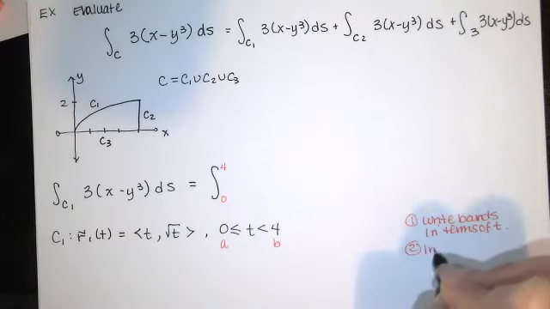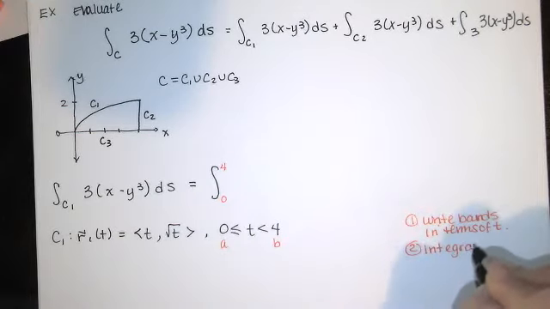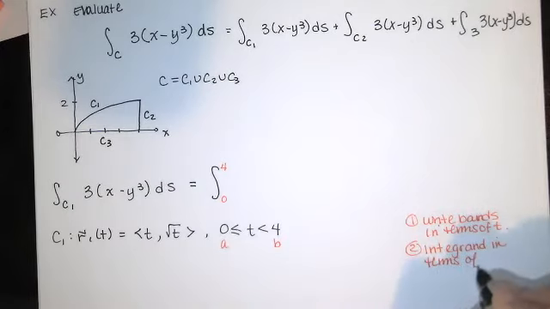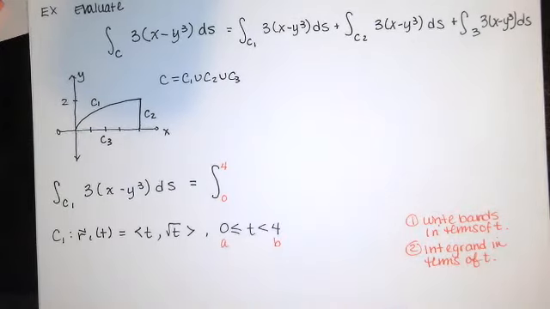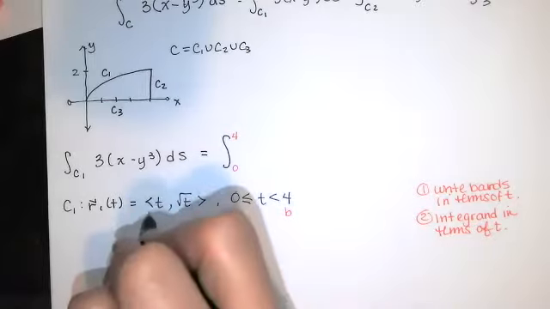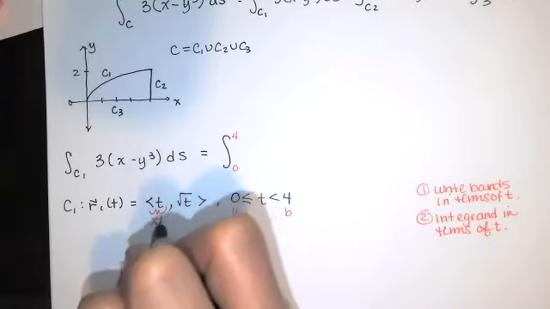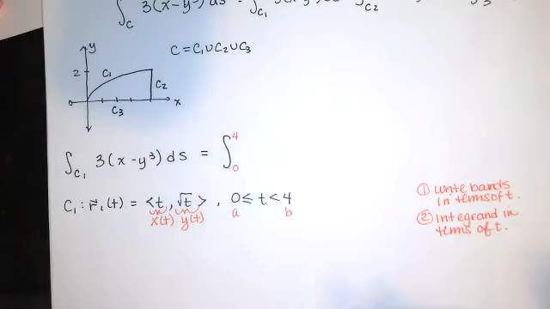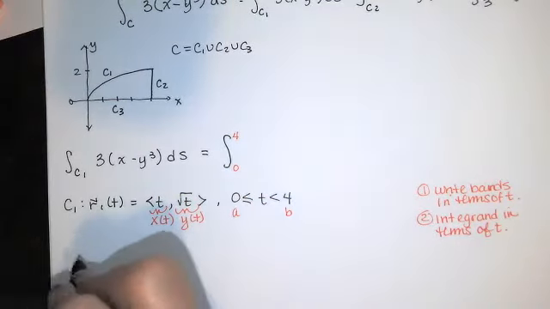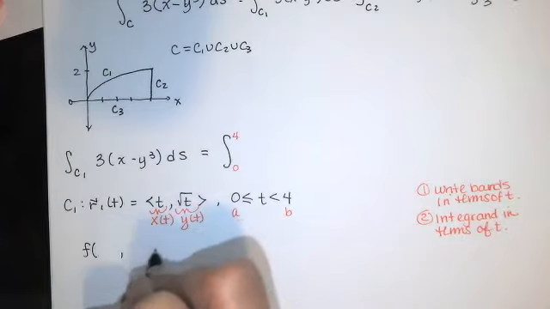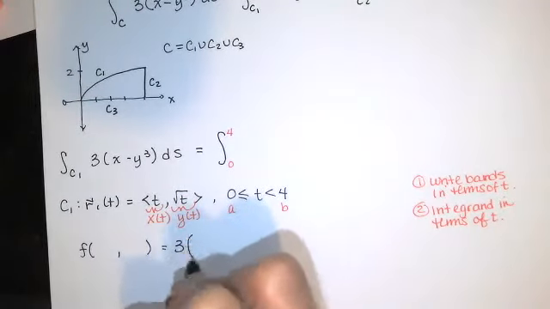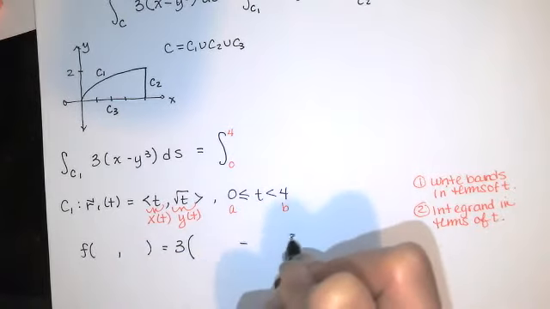And then we need our integrand in terms of t. And to do that, you just have to remember that the first component of r of t is x of t, the second component is y of t. So f of x of t, y of t, that's 3 times x minus y cubed.